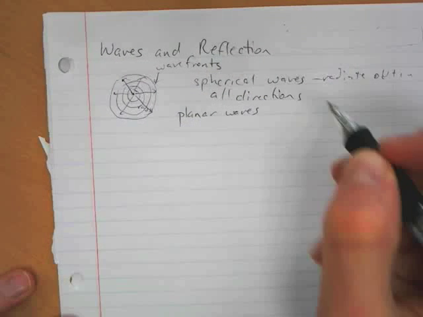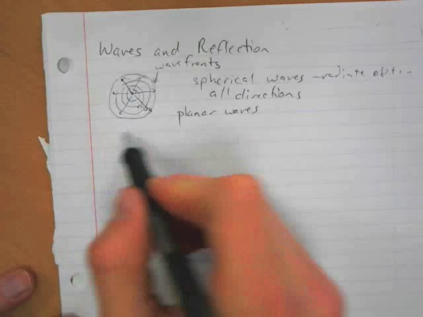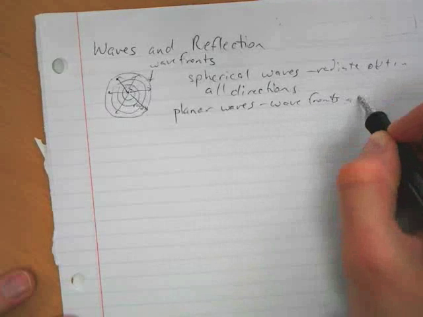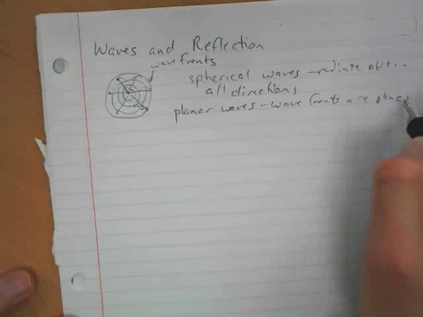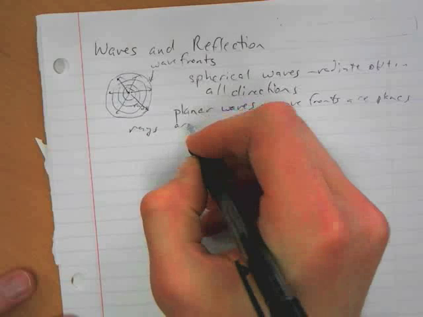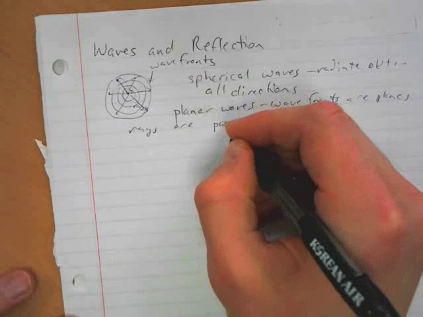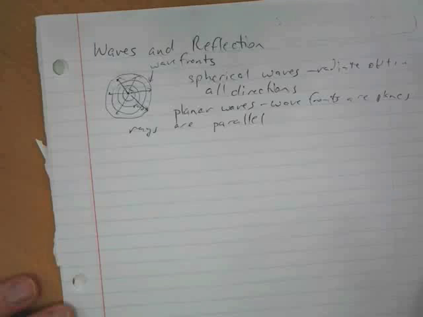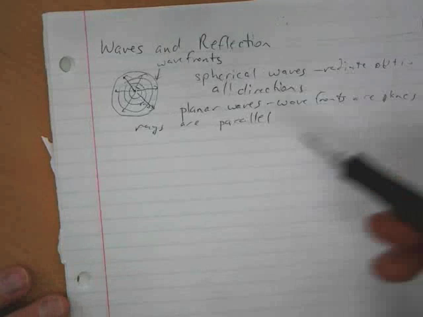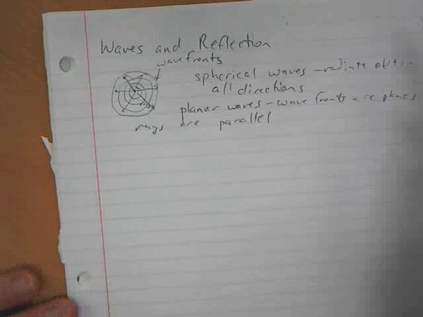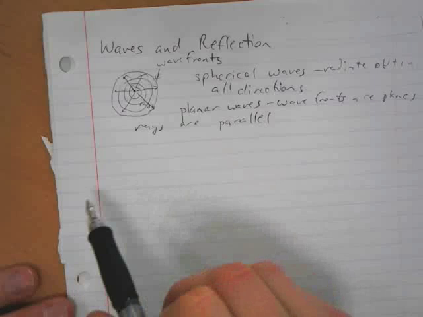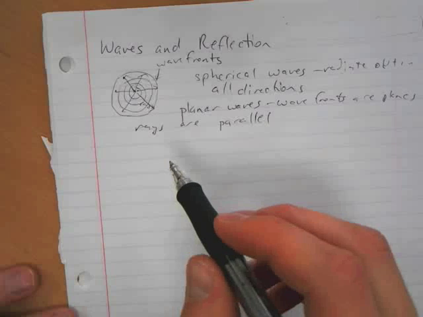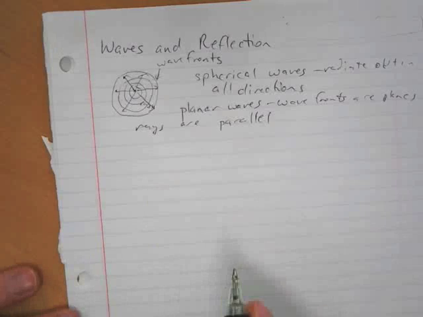The wavefronts are planes, and the rays are parallel. Now, the sun is emitting light in all directions. That is a spherical wavefront, but for a given area on the Earth, those rays are so close to being parallel that they might as well be parallel. And so we can consider those to be planar waves.